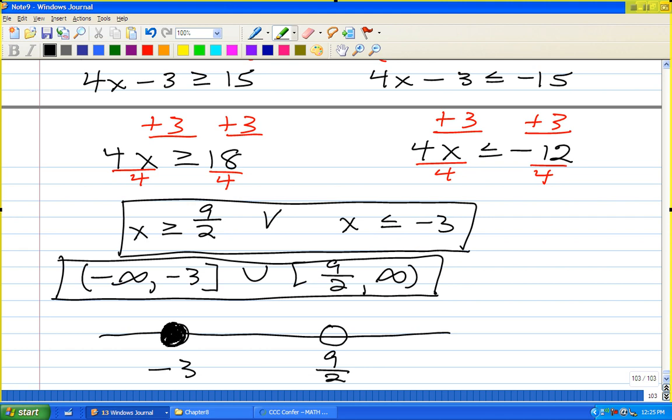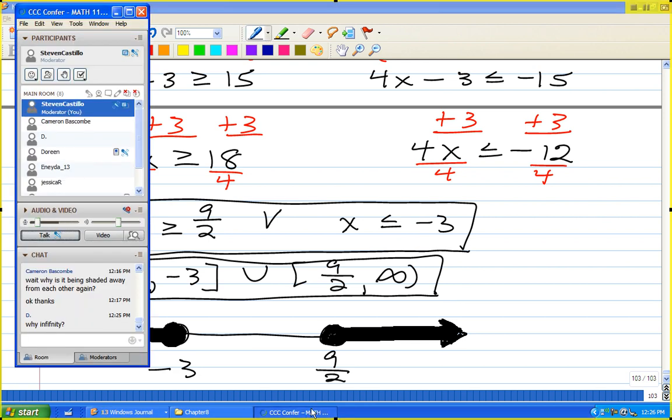So we'll include negative 3, positive 9/2, and everything in between. From negative 9/2 to infinity, and from negative 3 to negative infinity.